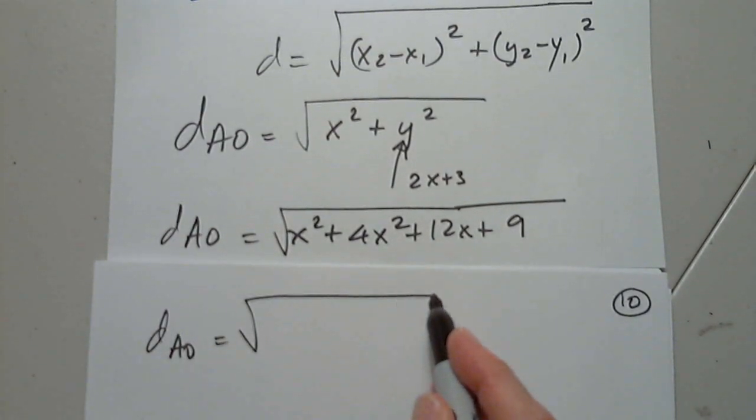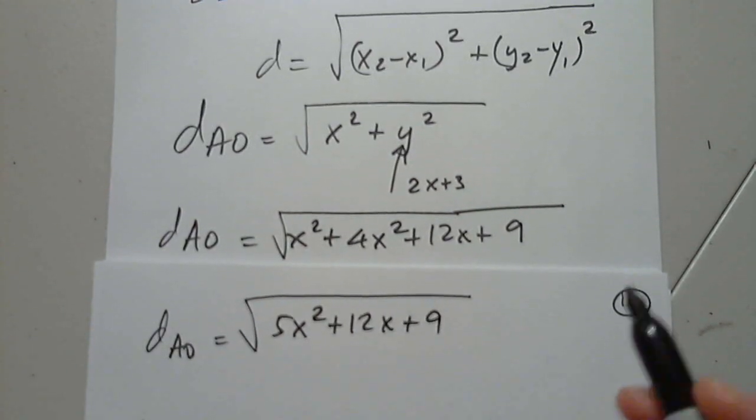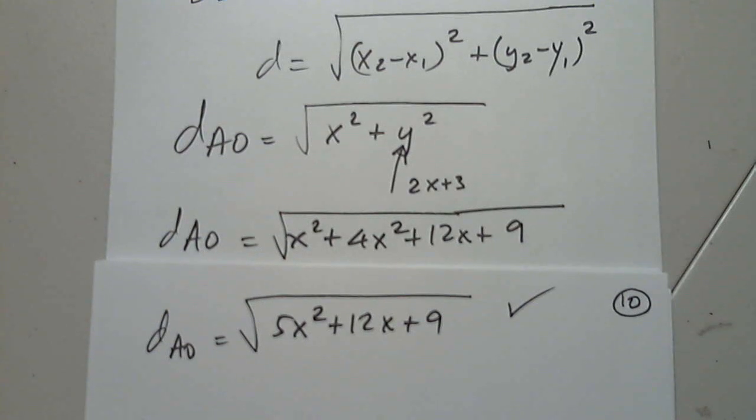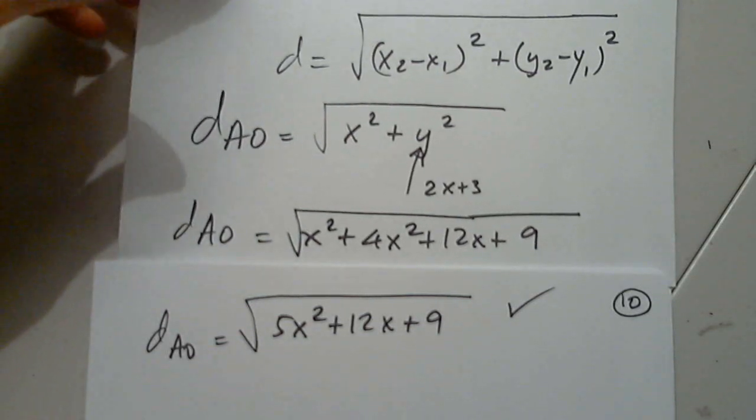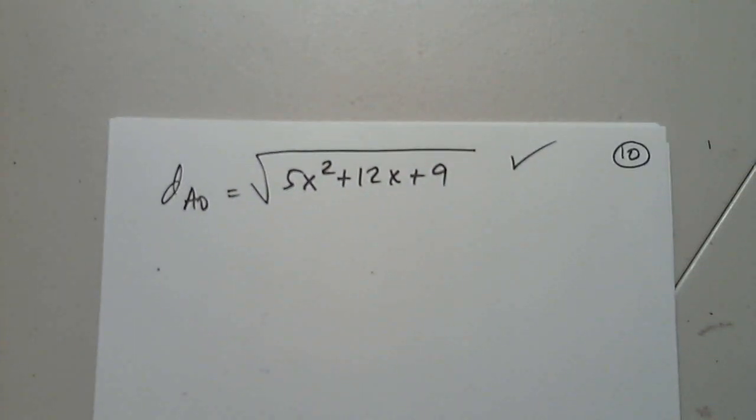The square root of 5x squared plus 12x plus 9. Done. I found the function, which was the most important step. Once I have the function, the rest is not as difficult. How do I proceed? I'm asked to find, in this case, the minimum distance. We'll see what we get. I don't know what I'm going to get. But for sure, I have to find what?